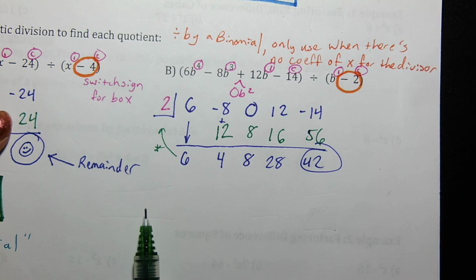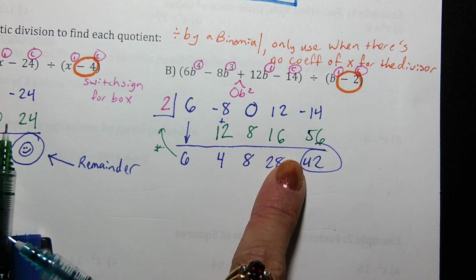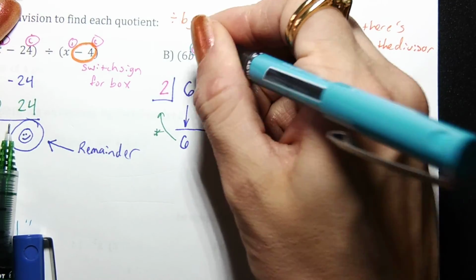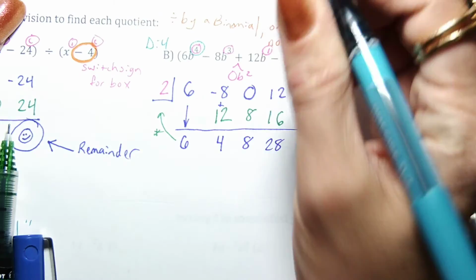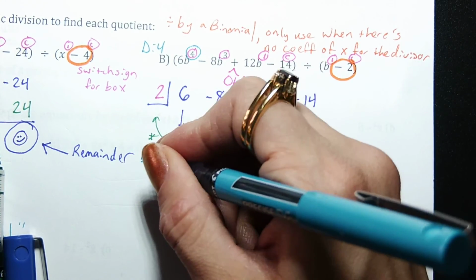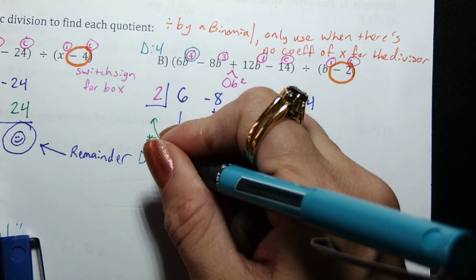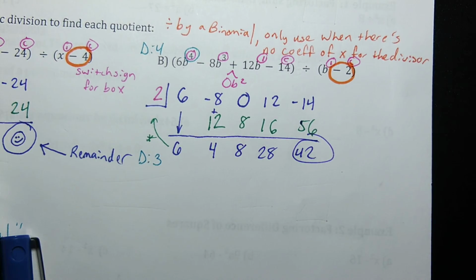So now we need to turn this row of numbers back into a polynomial. So our starting degree is 4. So the degree of the answer is going to be what? 3. It needs to be 1 less.